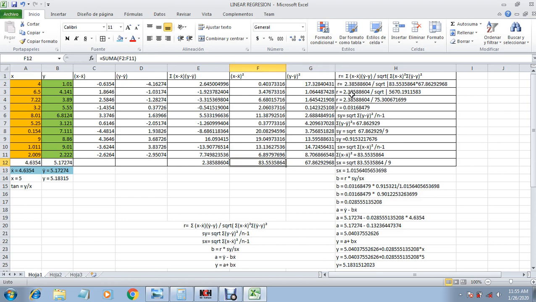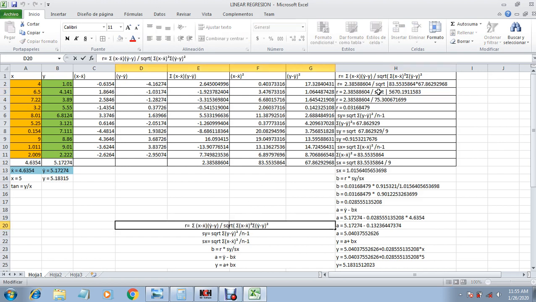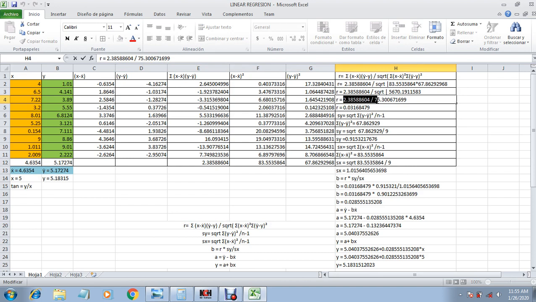We multiplied first these two numbers to give this big number, but this number must be squared with this symbol, and when we square it, it gives this value, and then we only remain with these two values, 2.3 over 75 approximately, to give the R value. Our R value is this value.